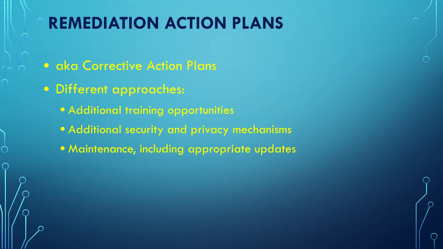Remediation action plans. This is when we are able to identify a vulnerability that we can actually get rid of. We can actually make it go away so that it isn't a problem anymore. This is also known as a CAP, Corrective Action Plan.